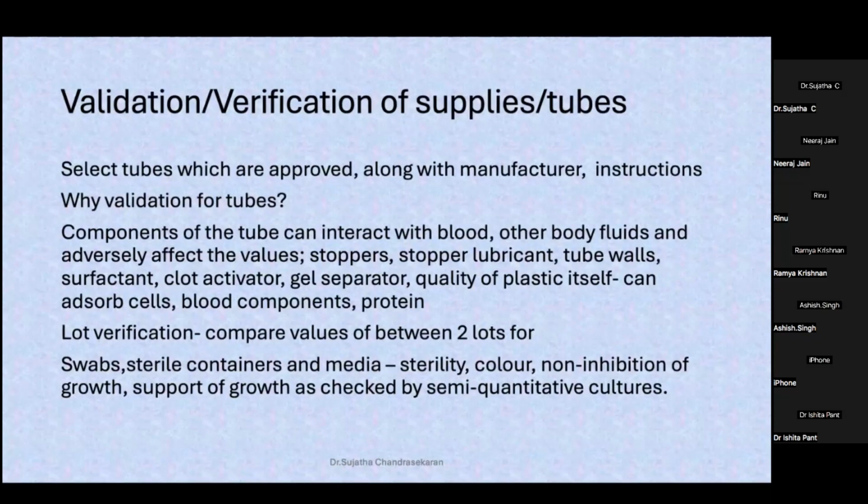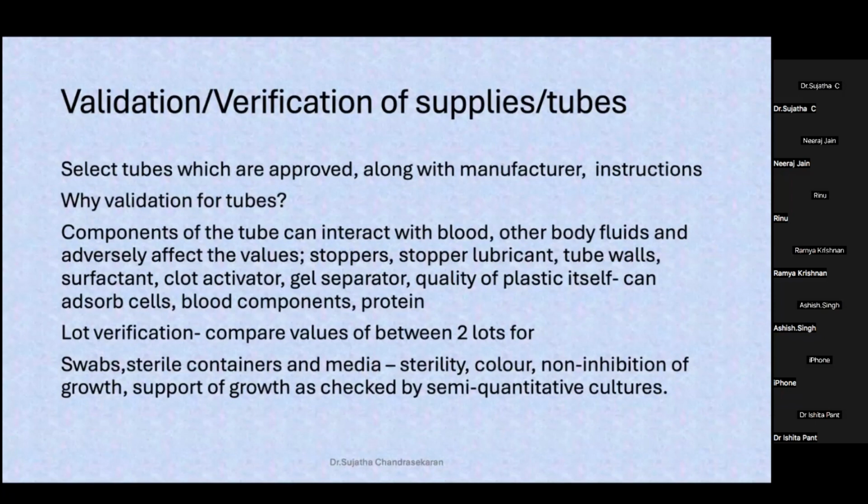If the tubes do not come with any manufacturer instructions, such as what is the RCF at which they have to be centrifuged and what are the analytes which have been validated using these tubes, then it is not a good tube. Please do not buy that, right?